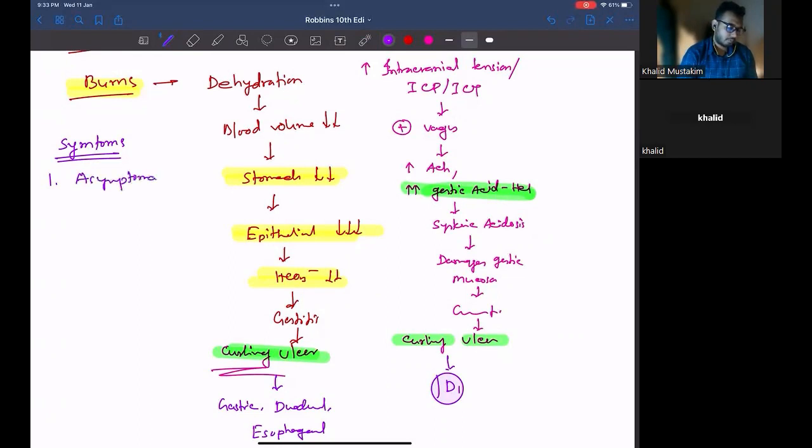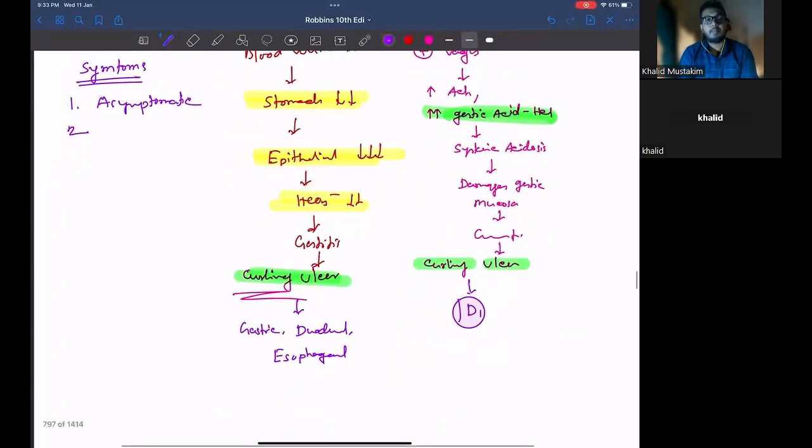Then number two, what will happen? As inflammation is occurring in the stomach, he or she may have gastric upset. Then third, if it advances to the next level, he or she may feel pain, where? In the epigastric region.